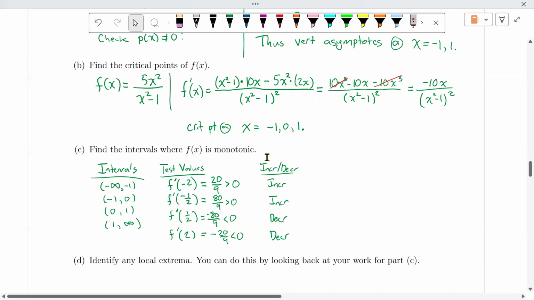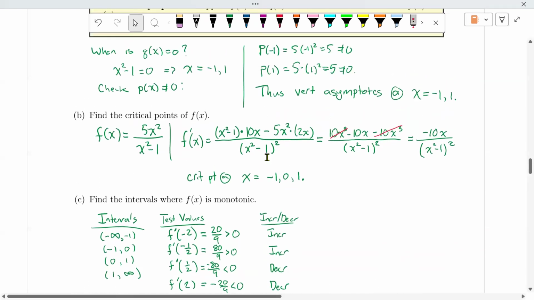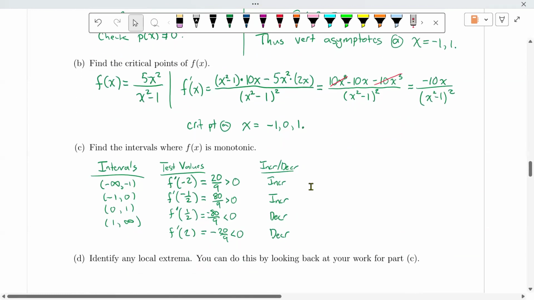At first, you may say, yeah, you could always have one of those at a critical point, but not in this case, because there are vertical asymptotes there. So although these are critical points, we needn't worry about them when finding the local extrema. Really, the only critical point we're interested in is 0.